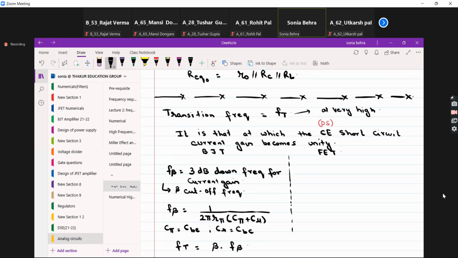So these are the two formulas, or this is the definition. I'm repeating, transition frequency is that frequency at which your short circuit current gain becomes unity.